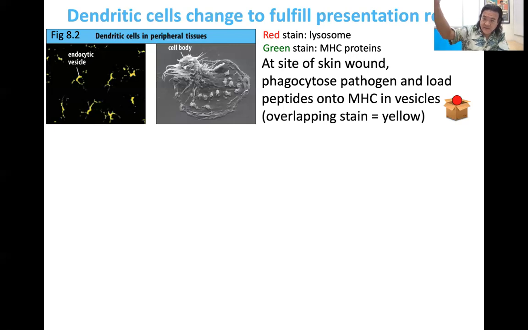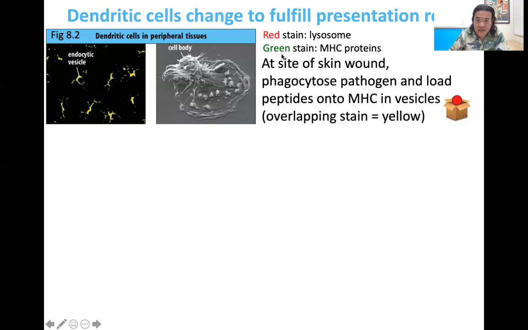So that's the vesicle after bits and pieces of pathogen are taken in. The endosome fuses with the lysosome that contains all these nasty proteolytic enzymes, and then that becomes a phagolysosome, where proteins are broken down. Remember, that's also where MHC2 would be present to be loaded up with small fragments.